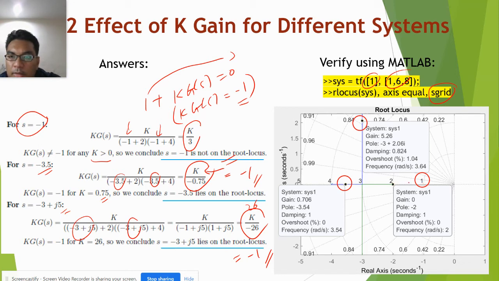For number 1, the root locus starts from -2 and -4 here, and goes towards this point, the roots of the asymptotes. So you can confirm that -1 is not on the root locus, -3.5 is on the root locus, and as k goes to a large positive value, for example 26 here, you can confirm that this is also on the locus.